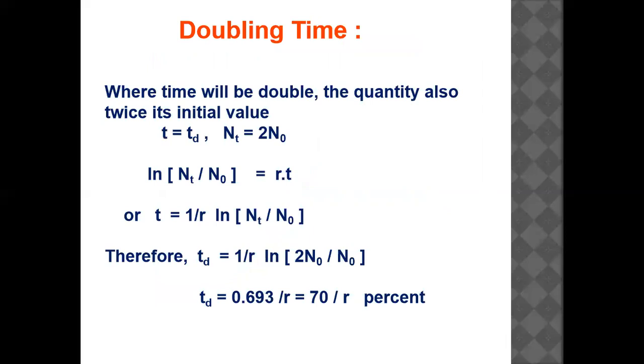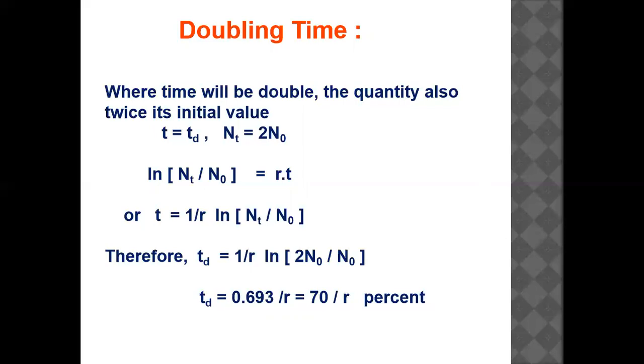Next, since this model follows first order rate kinetics, there is a relationship between time and amount. When the time is doubled, then the quantity is also twice its initial value.